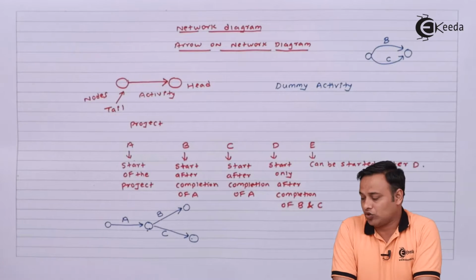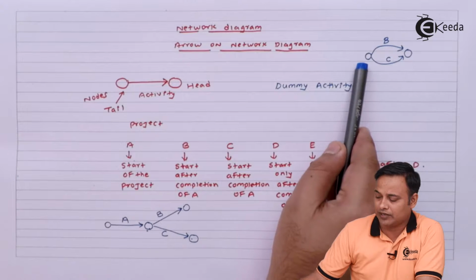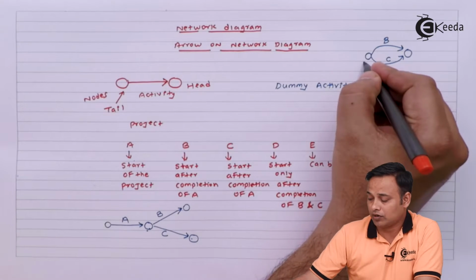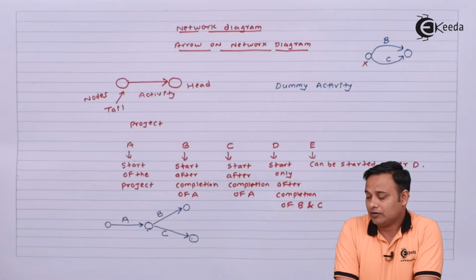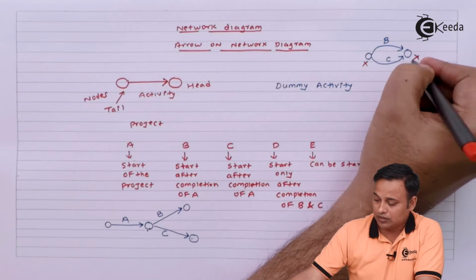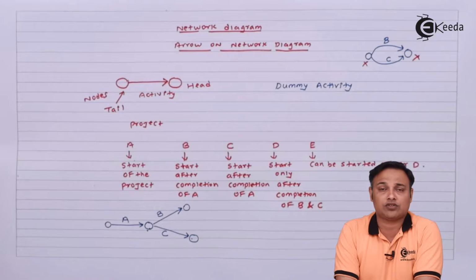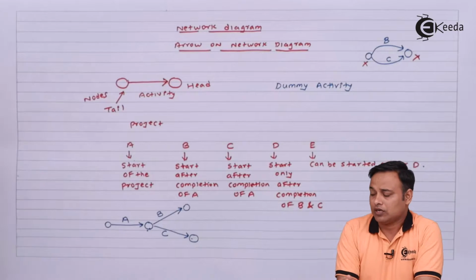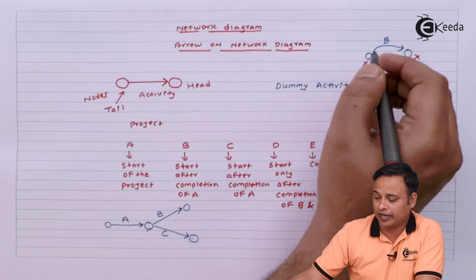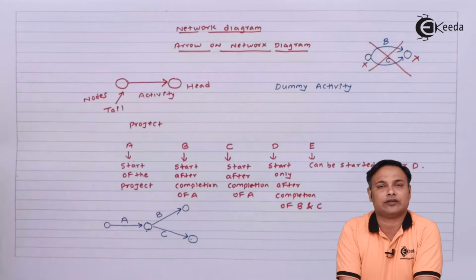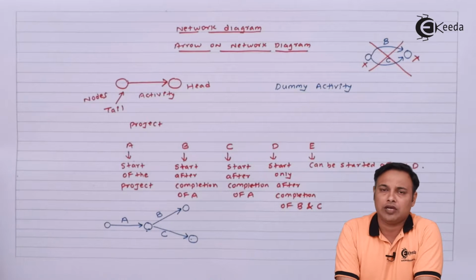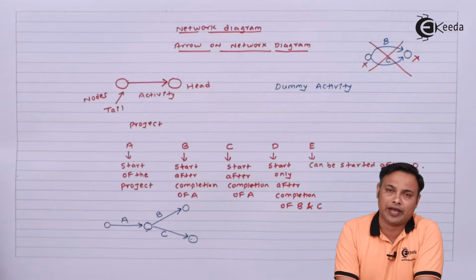In case I join B and C in this manner, they already have the same tail and they will have the same head, which is not allowed under network diagram. Networking में दो activities को same head और same tail allowed नहीं है, and therefore I need to join them by introducing a dummy activity.